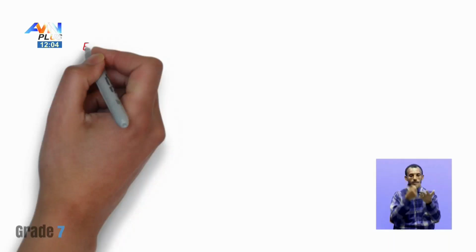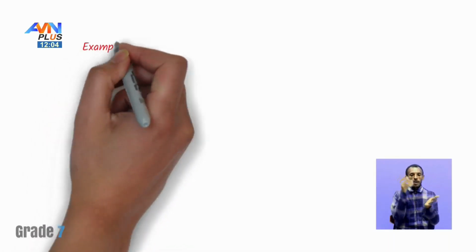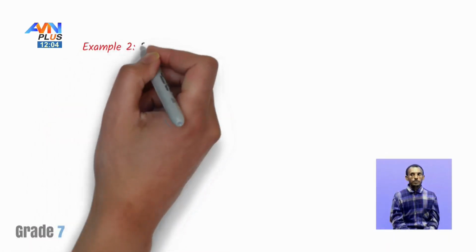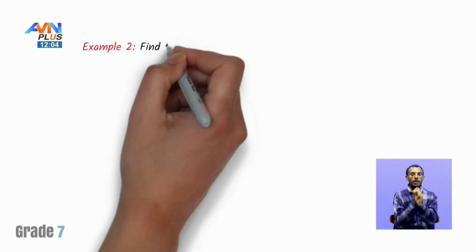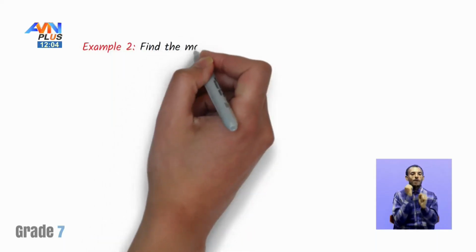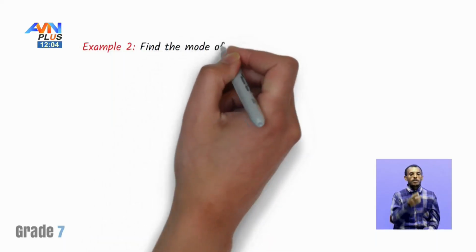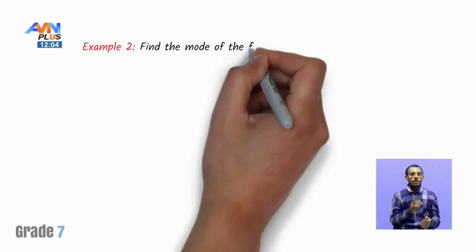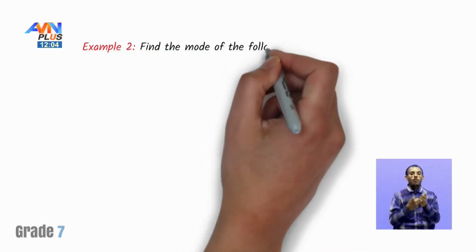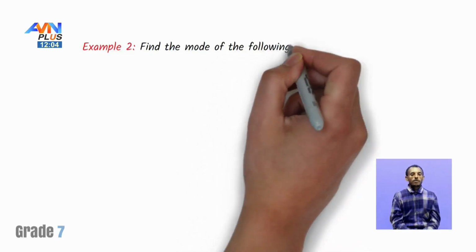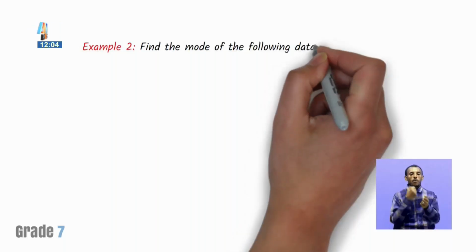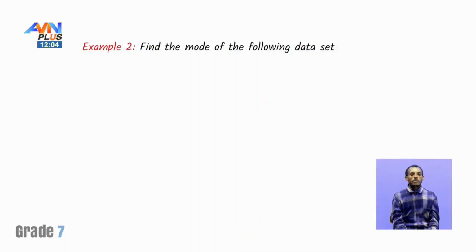Okay. Now, let's try this. Example 2. Again, find the mode of the following data set.